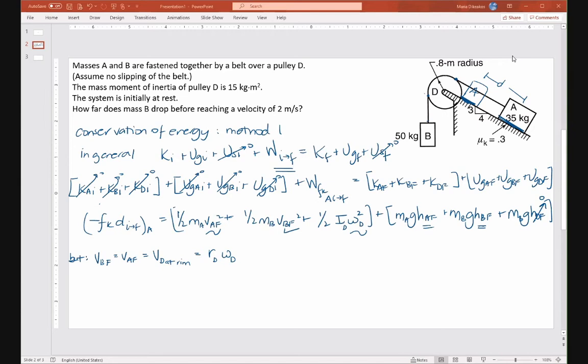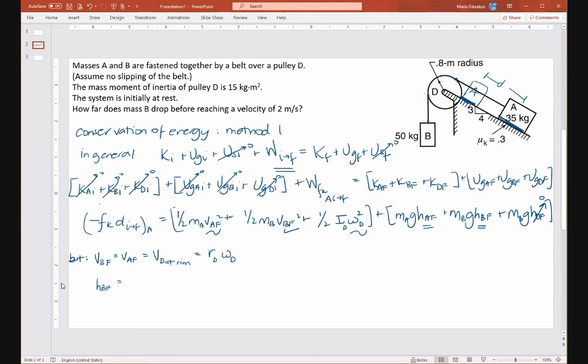So in this case, we have the V's related and we have the D's and H's related. As B drops, specifically we are interested in HBF. That's what we are looking for.